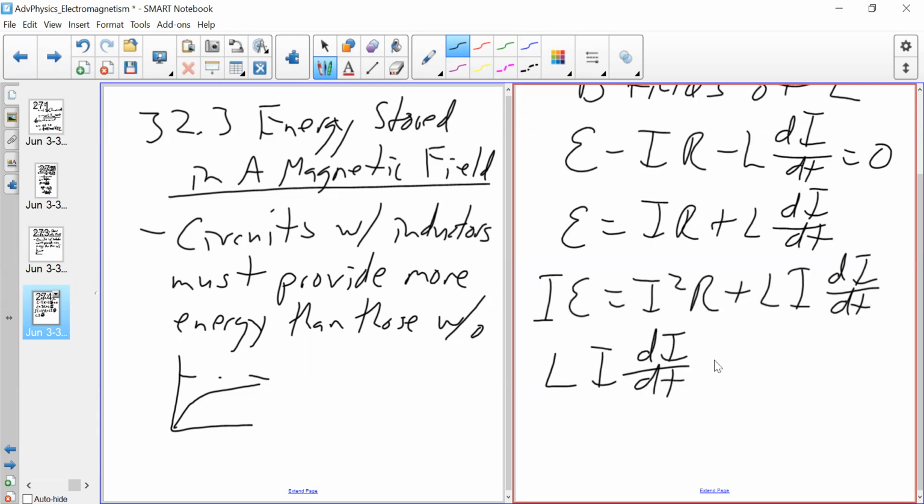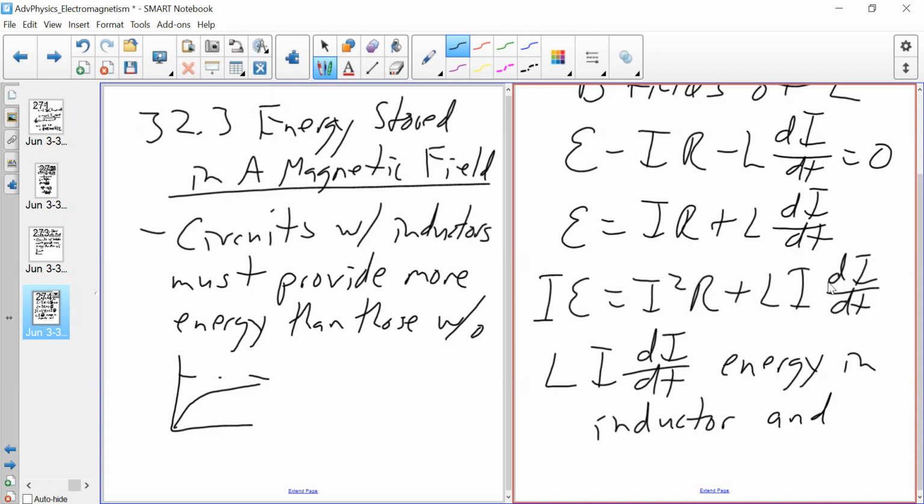So this power in the inductor, or energy per time in the inductor, and so all these terms are time rates of change of energy. And so basically the total energy is going to be the sum of all of these small energies.